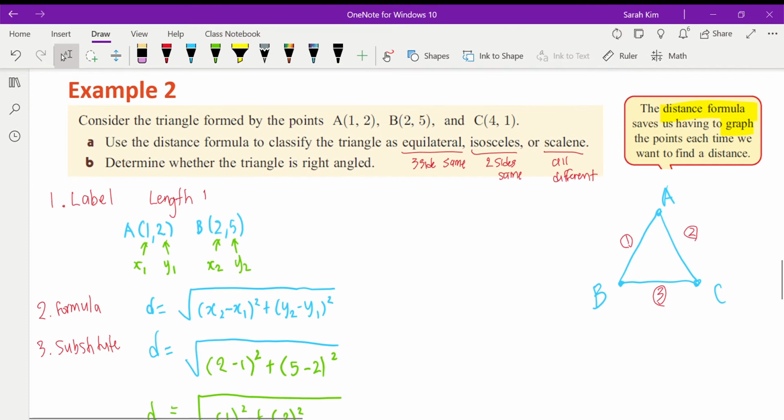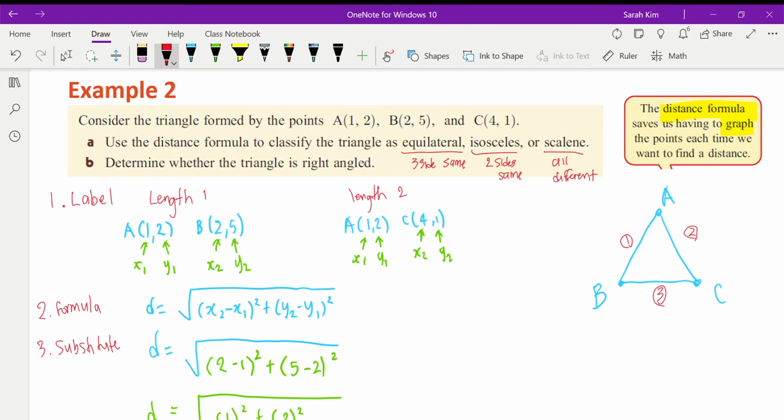Alright, let's try the other example. That's length 1, let's do length 2. In my diagram I said my length 2 is A and C, so I'm going to use A and C. My A is (1, 2), my C is (4, 1). Again, step 1, label it: x1, y1, x2, y2.